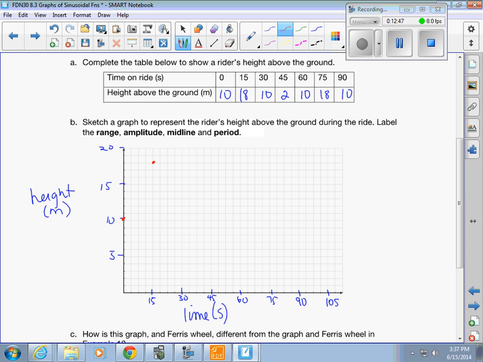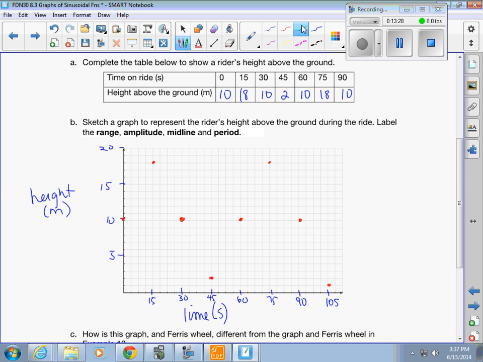At 30 seconds, he was back down at 10. 45 seconds, he was down at 2. 60 seconds, he was back at 10. 75 seconds, he's up at 18. 90 seconds, he was back to 10. So then we know if we went to 105 seconds, he would be back down here at 2 if we were to continue past that.